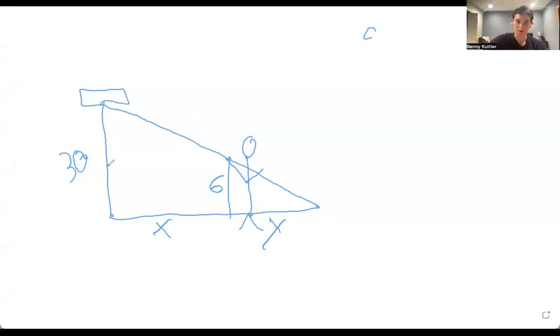So 30 over 6, that's a 30, not a 36, equals the ratio of this side on both of the triangles. The length of this whole side of the big triangle is x plus y, and then we're dividing it by the smaller triangle side, which is just y.